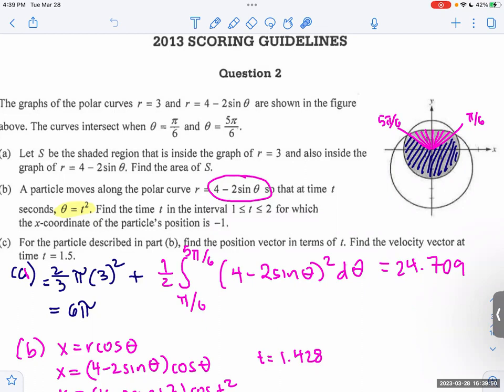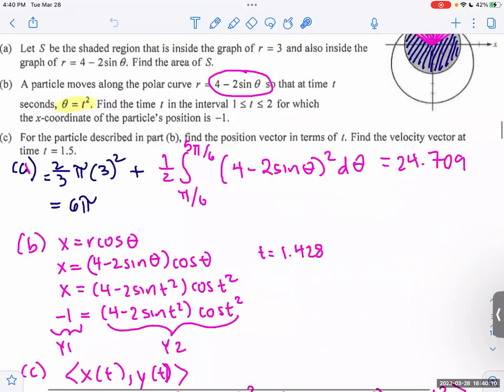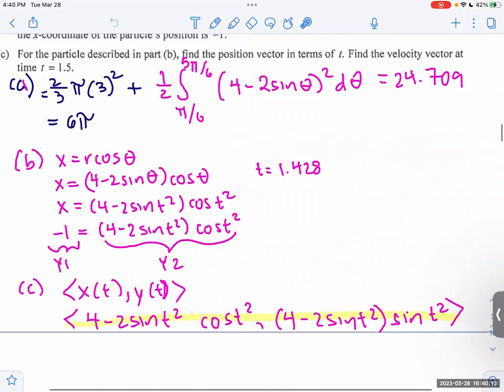So let me just double check. I see some questions coming in. Yes, one of the questions is relating to a general question, so let me come back to that. Oh no, there was a mistake for part B and C as well.